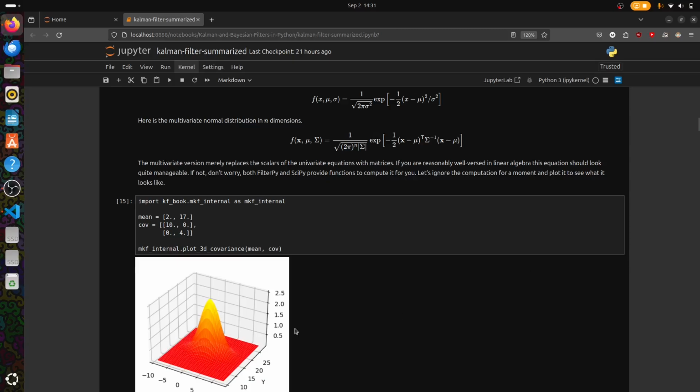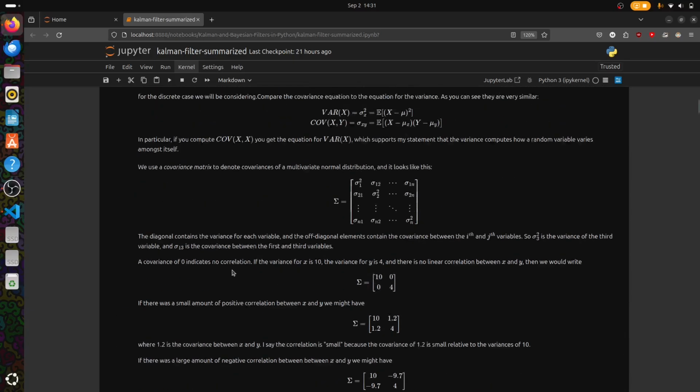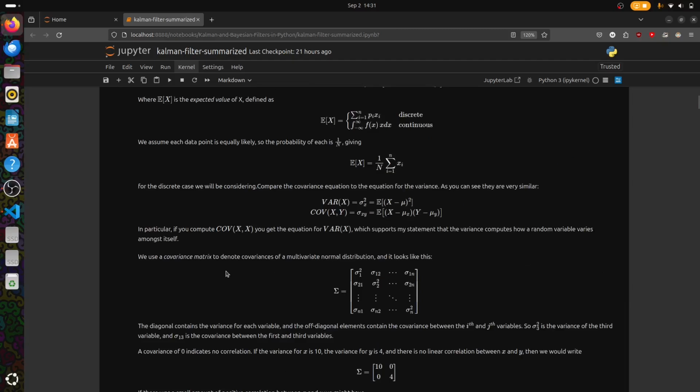What the multiple dimension distributions use is a covariance matrix. It basically uses the variance and covariance as just one thing. The variance, as its name signifies, is how one variable varies amongst itself.